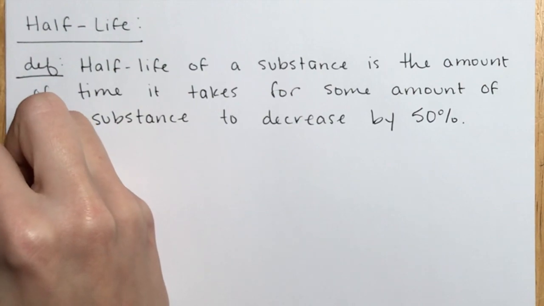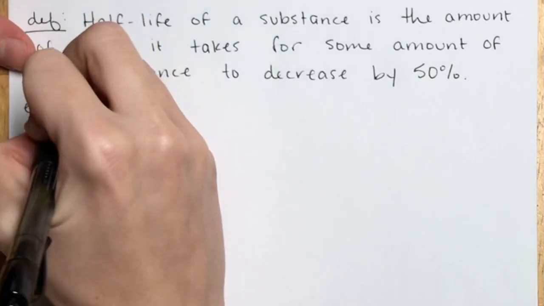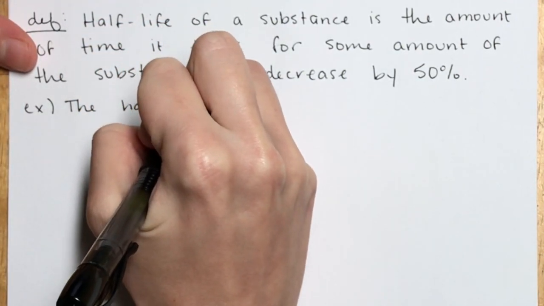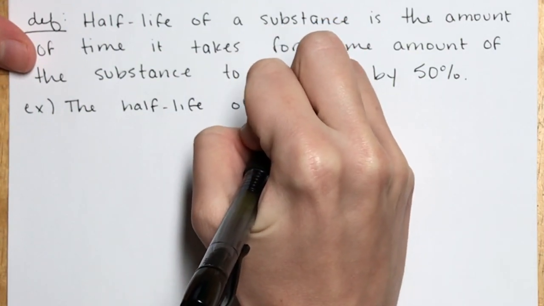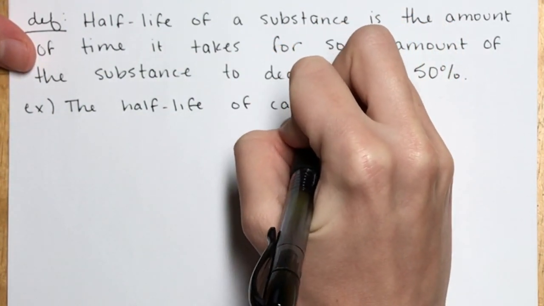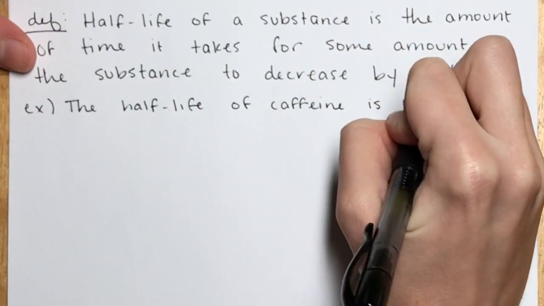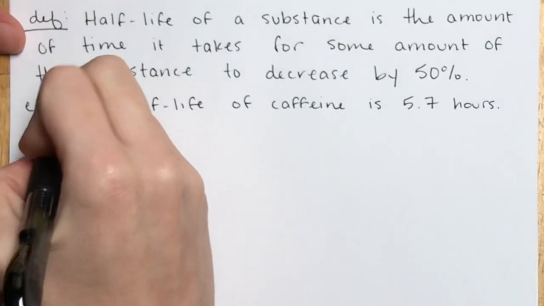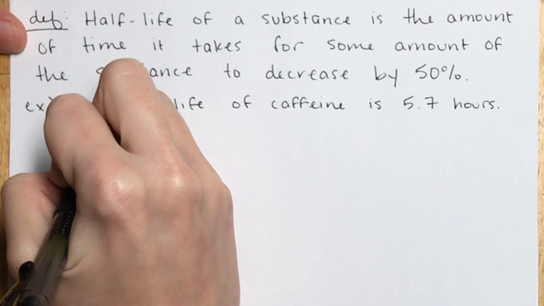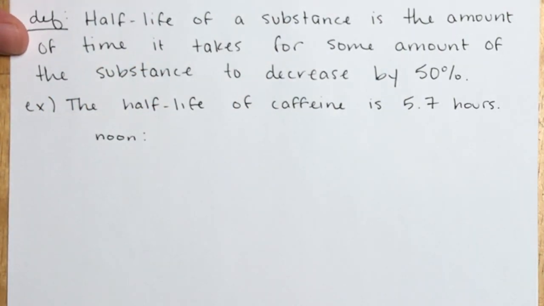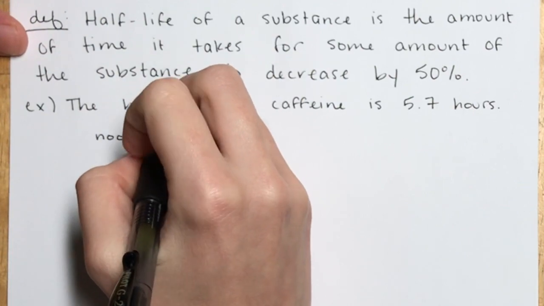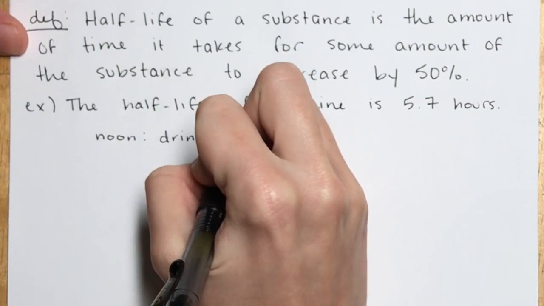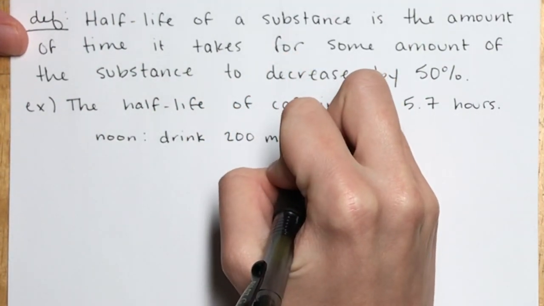Let's look at an example of half-life. The half-life of caffeine is 5.7 hours. What does this mean exactly? So let's suppose that at noon you take a drink of coffee. So you drink 200 milligrams of caffeine.